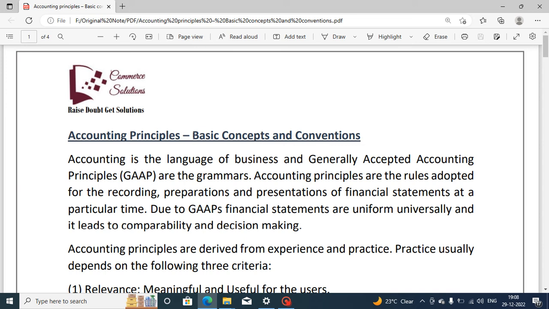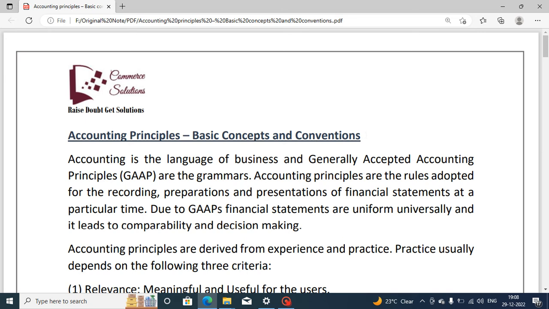Under accounting principle, there are some concepts and conventions, basic assumptions. These are the principles of accounting. Some concepts are principles, also some conventions are principles. So what are principles? Principles means rules. Okay, so let's read.